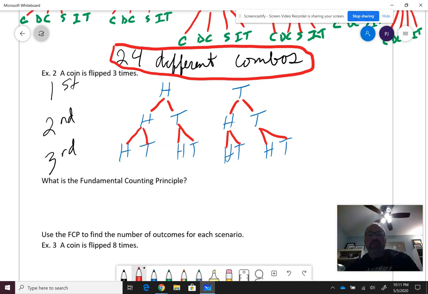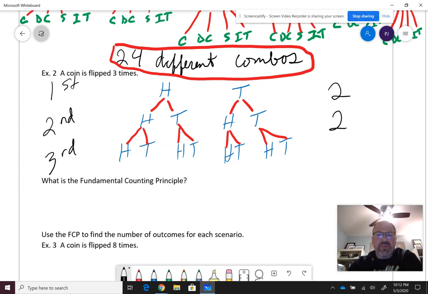Okay, so each time you're flipping the coin, there's only 2 possible choices. It's either going to be heads or it's going to be tails. You had 2 choices here, 2 choices when you flip that coin the second time, and 2 choices again when you flip it for the third time.